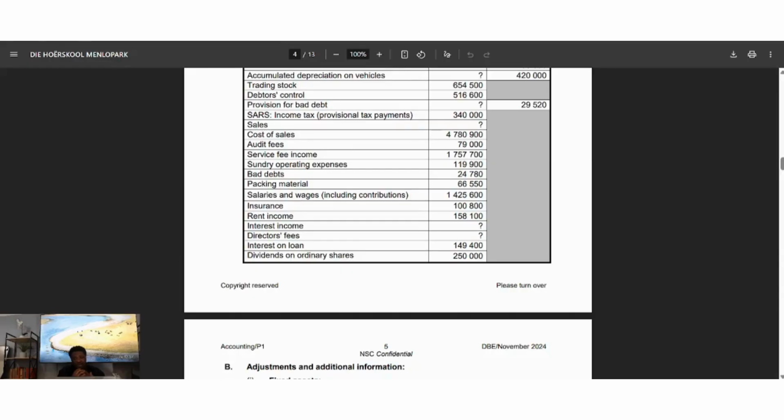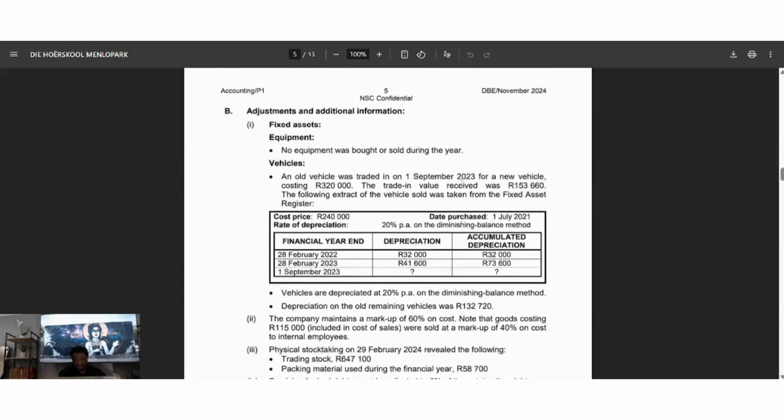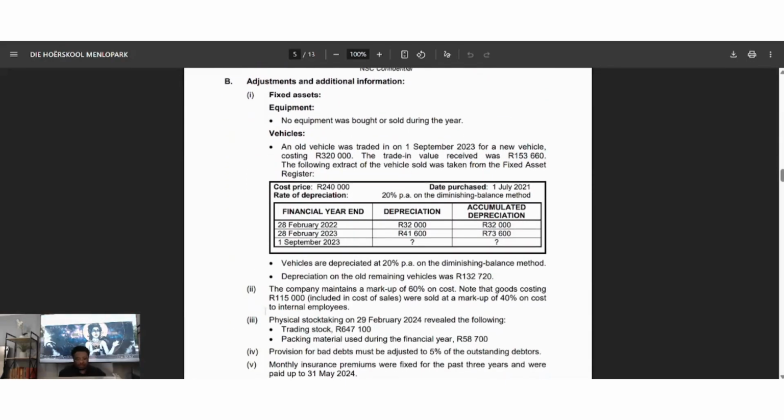Okay, so now we move on to the other expenses that were not given in the answer sheet, and we're just going to go according to the list. So the first expense on the list after the bad debts here is our packing material, and in this packing material we can see that we're given 66,550, and then let's look at the adjustment that has been given, and it usually goes with the stock take. So you can say physical stock take, it revealed the trading stock, which we'll deal with at a later stage.